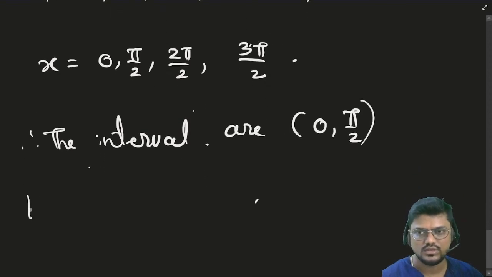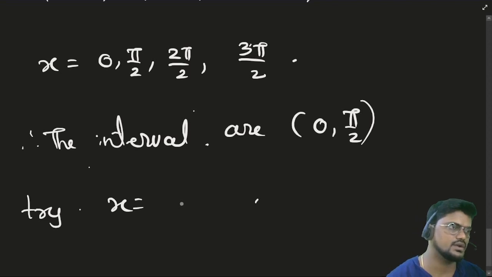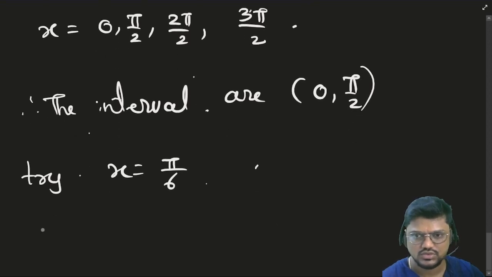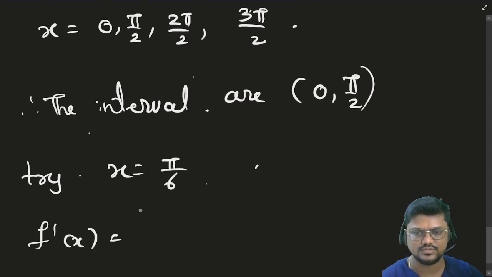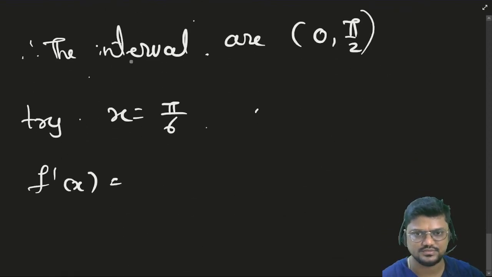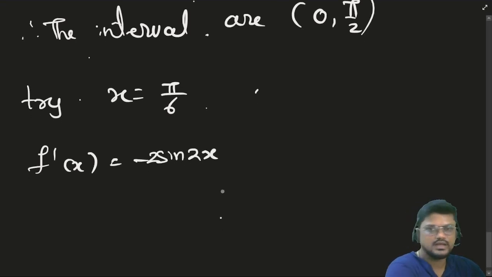Now try x equals any value between 0 to pi by 2. You can take pi by 6. So your f dash of x equals minus 2 sine 2x.